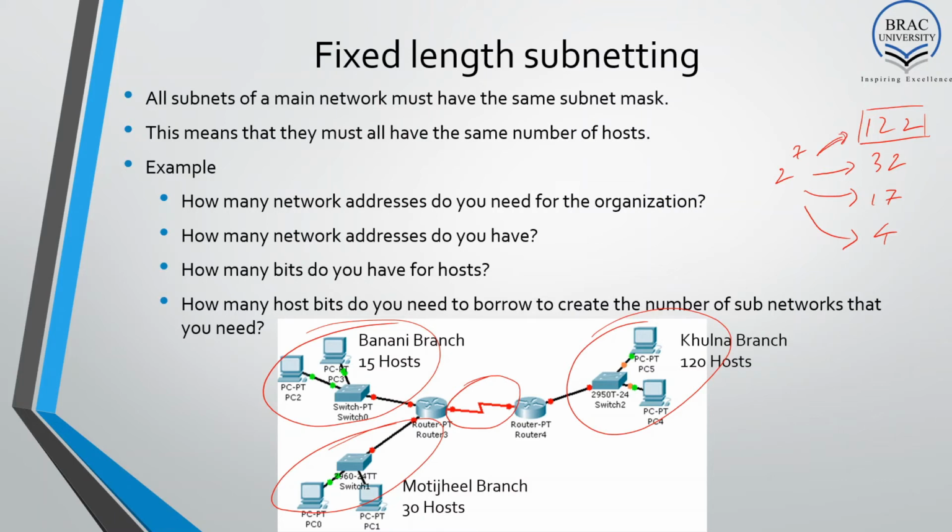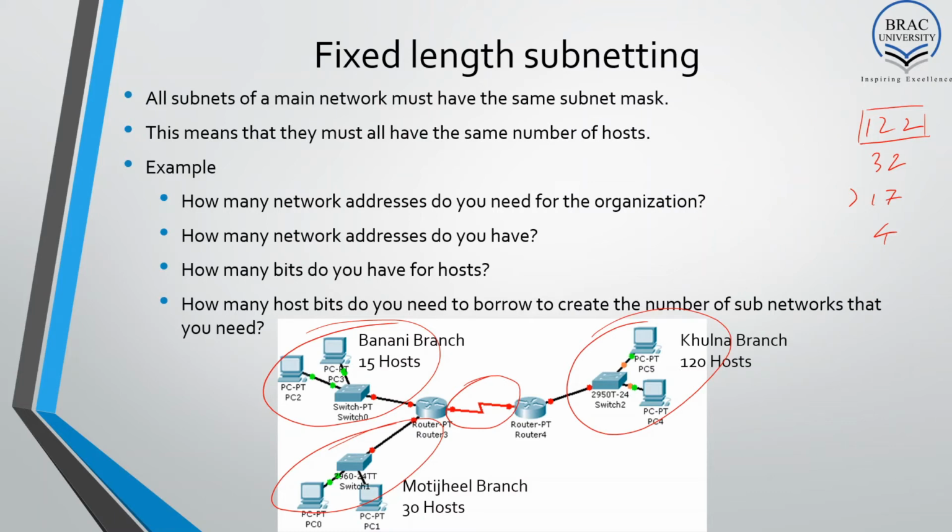This is 4 separate 128 IP address blocks. So say you have 512, I'll break that down into 4 128s. I give the first one to this one, second one to this, third one to that one, and fourth one to this guy. All right, this is how fixed length subnet masking works.